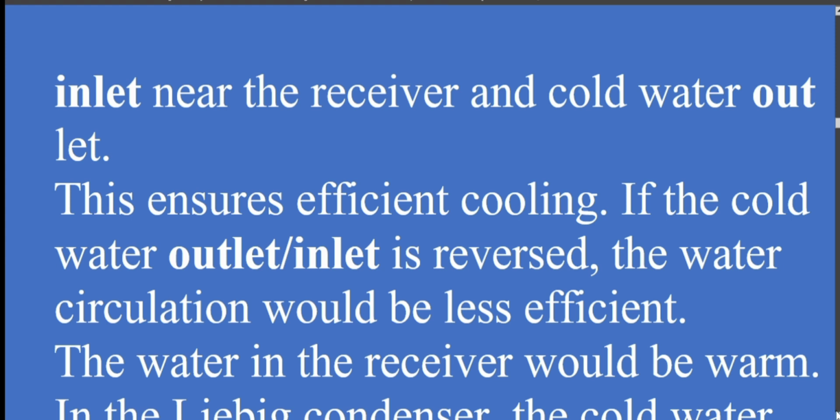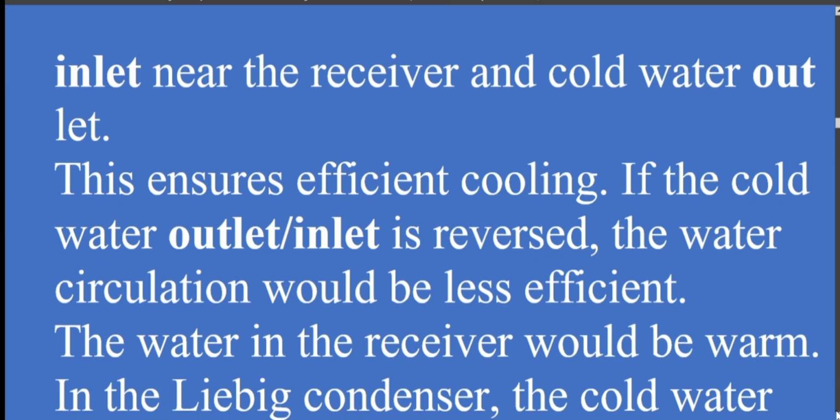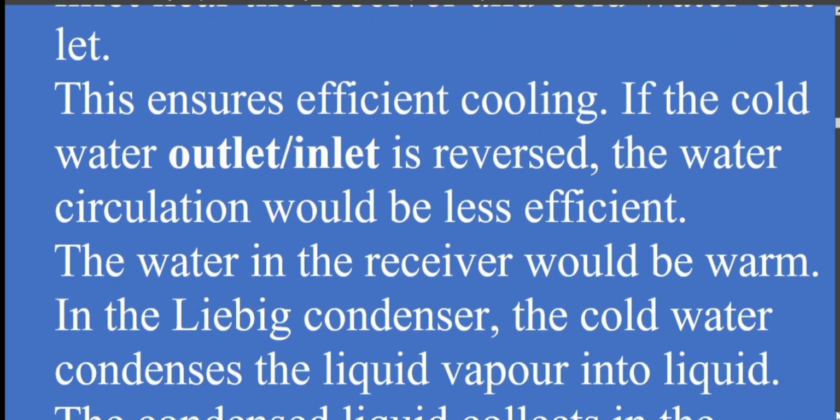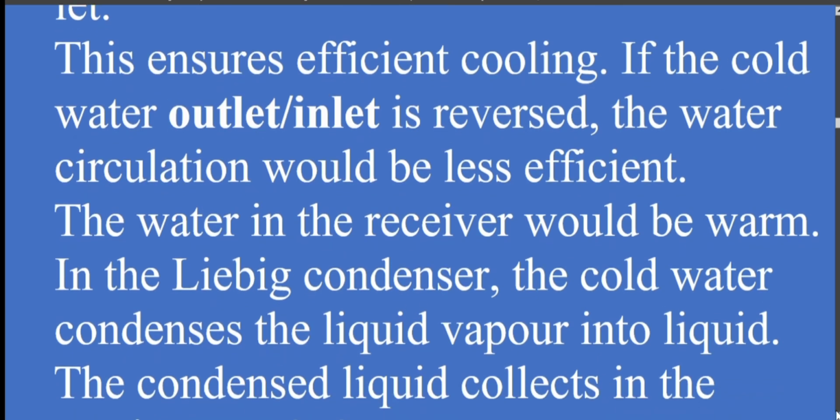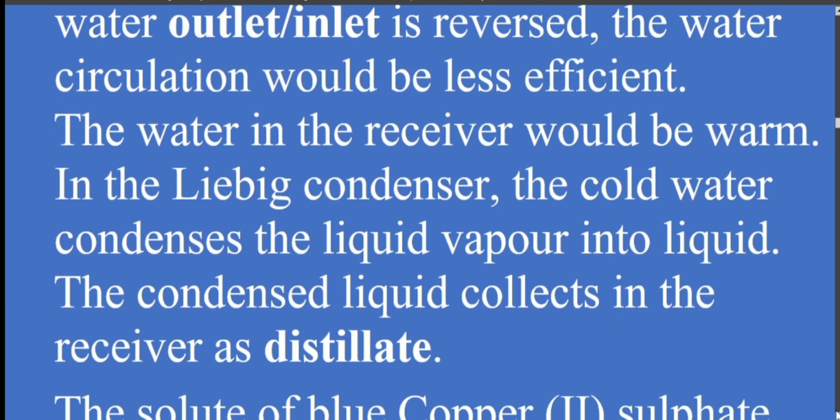So the inlet and the outlet must not be reversed, but must remain the way they are. The cold water condenses the vapor into liquid. So the condensed liquid collects in the receiver as a distillate.